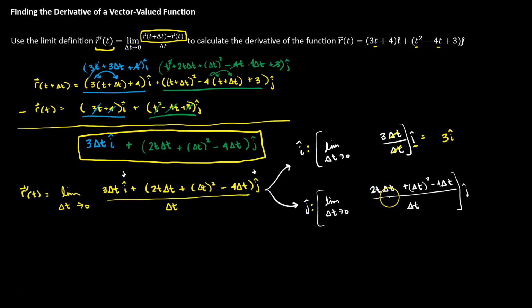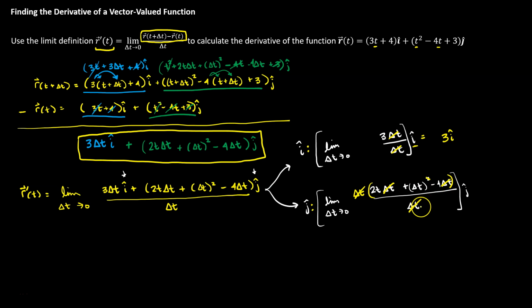we have the same problem. If we replace delta t with 0, we get an indeterminate form, 0 on top, 0 on bottom. But what we can do is factor out a delta t from our numerator, and then we divide off the common factor in the numerator and the denominator. So really we're looking at the limit as delta t goes to 0 of 2t plus delta t minus 4.